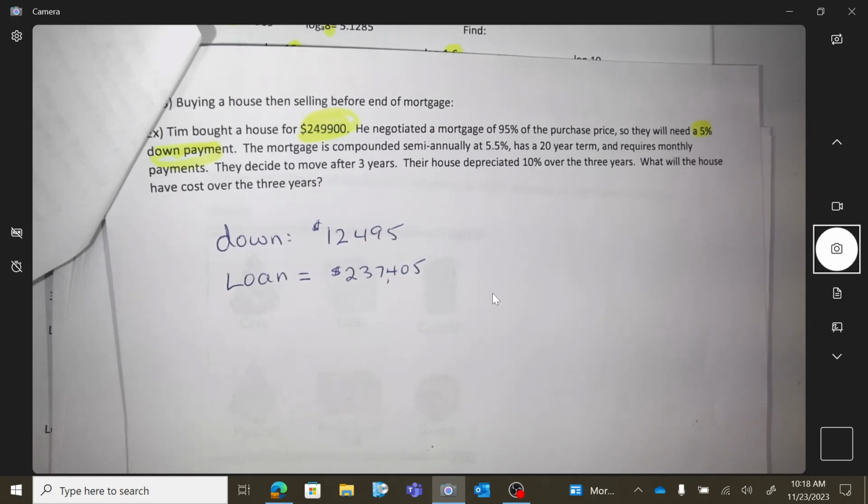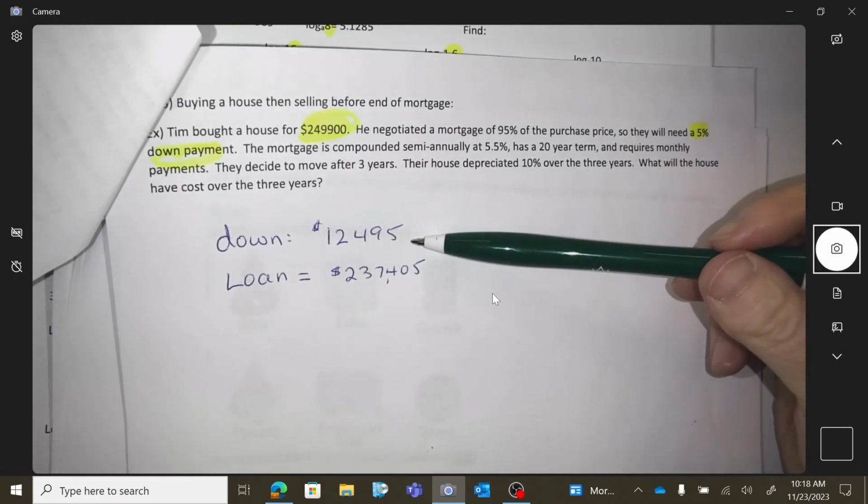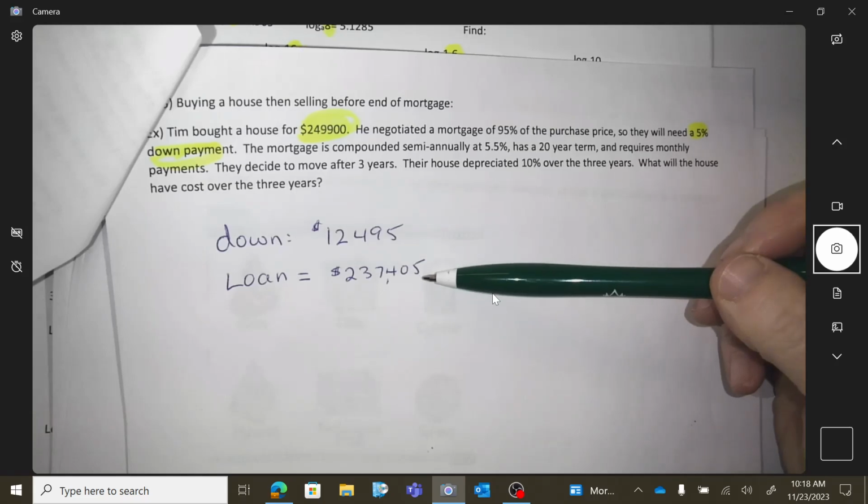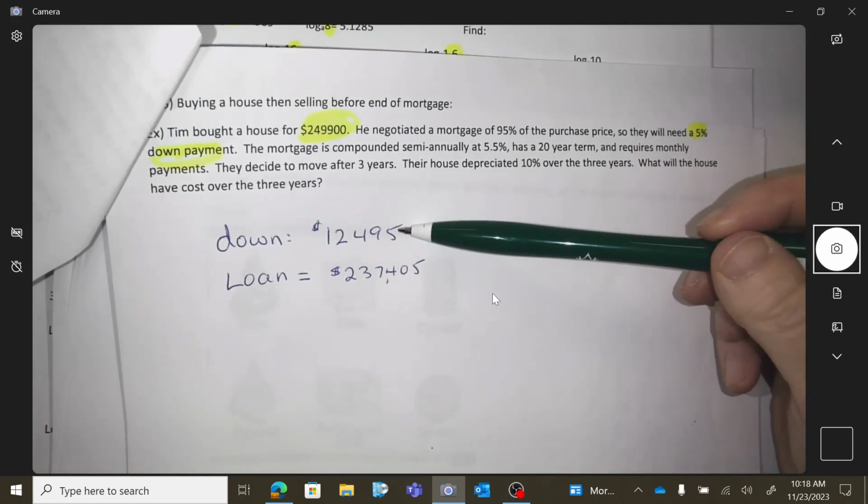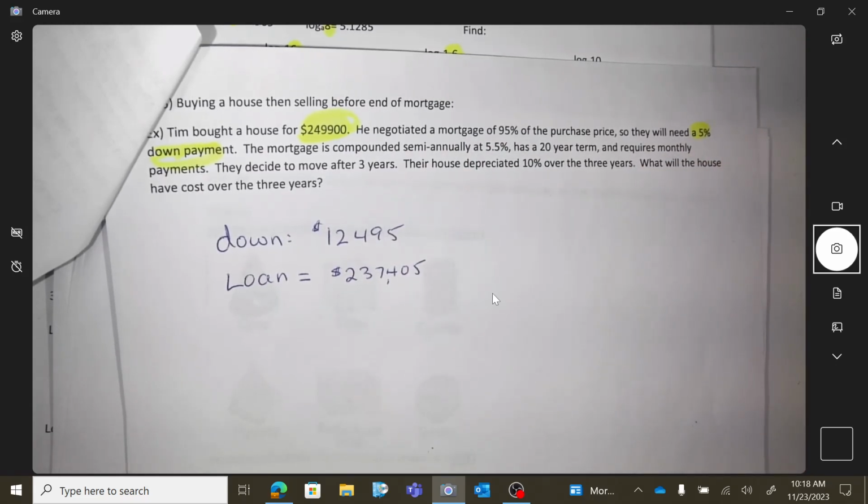Okay, so here's what I got as my down payment. So now I'm gonna finance this much. Does that make sense? Because I put that on the house, so I'm gonna finance that much.